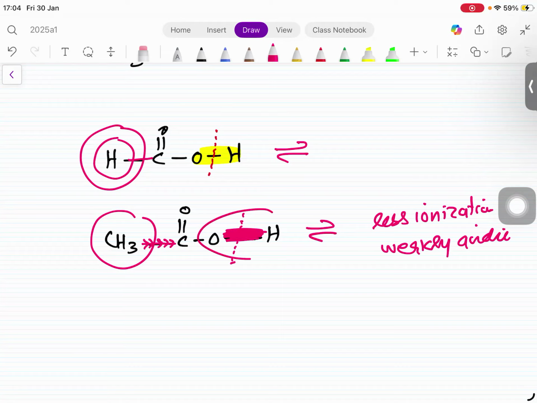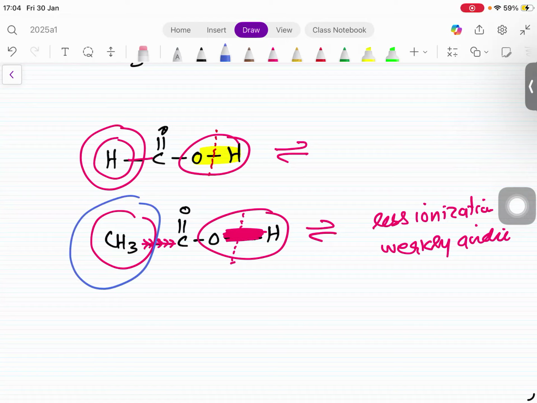Now in every explanation, we are going to hit the strength of the OH bond and link it with the more or less ionization. The more ionization means a weaker OH bond. And the strength of the bond depends on the group that is attached to the C double bond O on the back side.